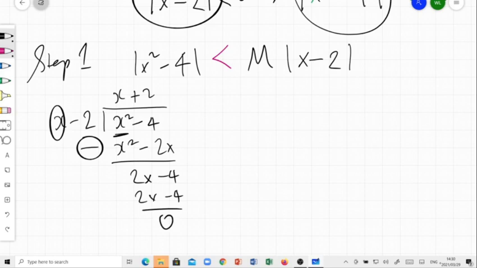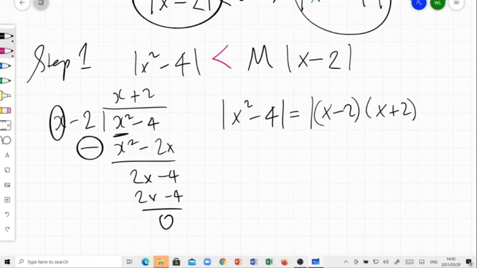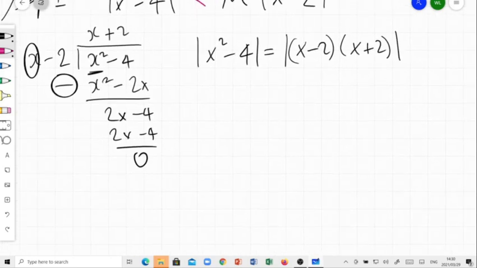So notice that I can write x squared minus 4 as x minus 2 times x plus 2. Okay, that's the only reason. So I factorize it into x minus 2. This is what I want. Then remember this is the absolute value of a product, so it's the product of absolute values.